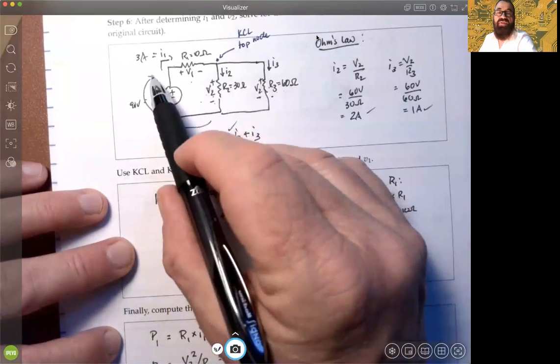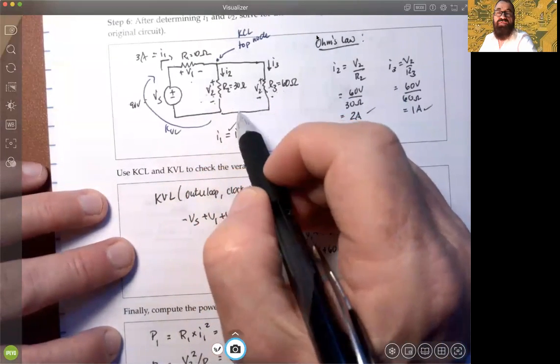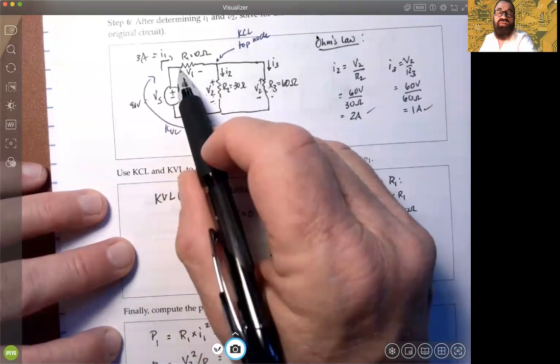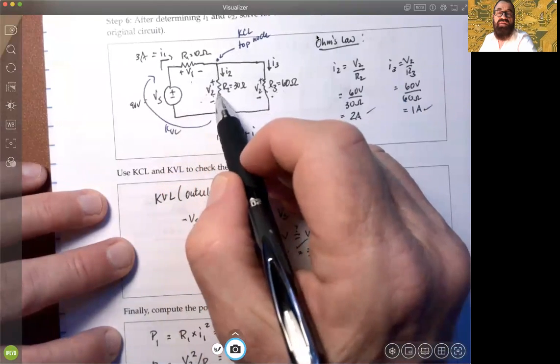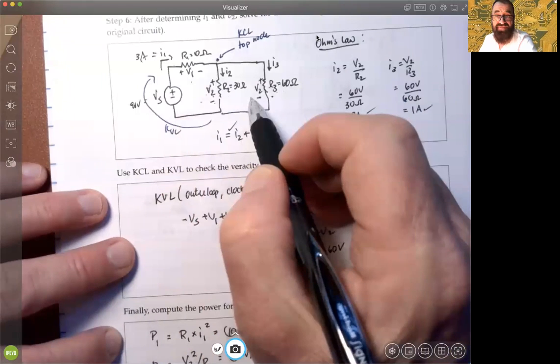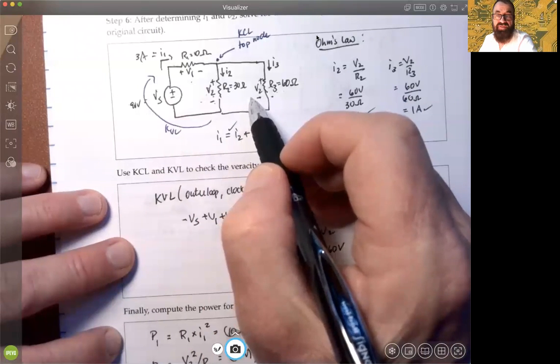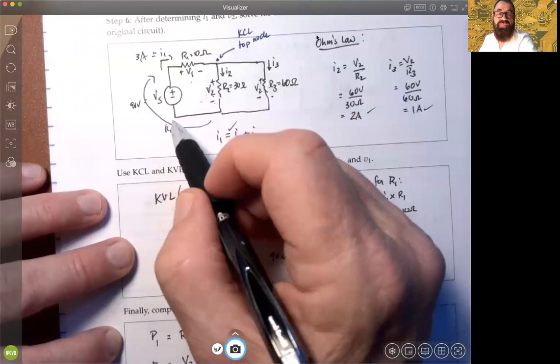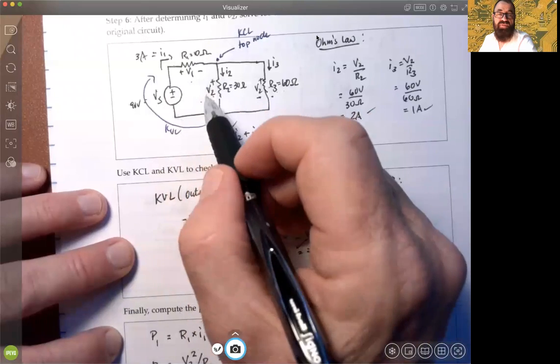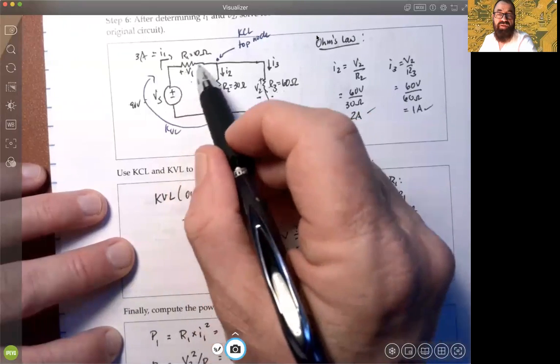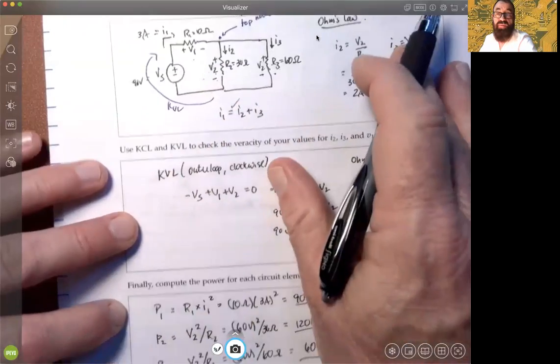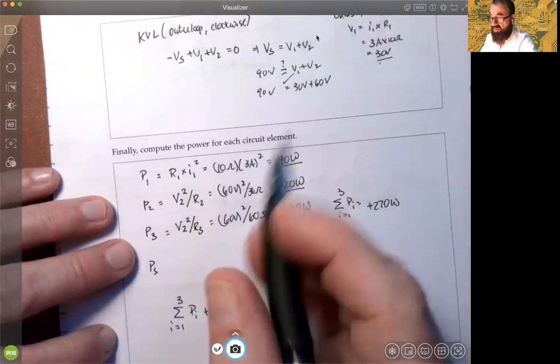Remember, how do the current directions define the formula for power? In the case of the resistances, they're all in PRC. They have to be to represent the absorption of energy. In this case, the current was flowing this way in this loop, clockwise, and it comes into the negative pole. So it is not PRC.